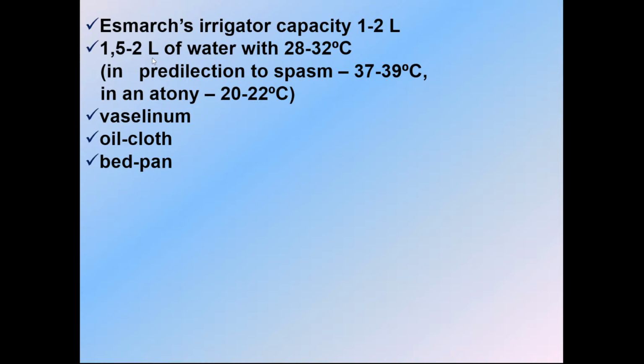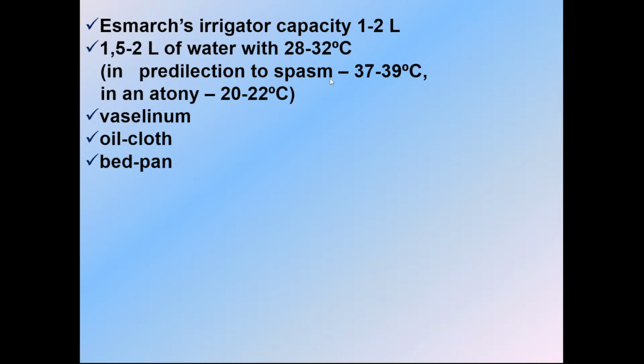I'll draw your attention: the temperature of the water depends on the activity of intestine motility. If our patient has usual intestine activity, no problem with defecation, or we are talking about a pregnant woman or preparing the patient for some examination, we take water with a temperature of 28 to 32 degrees Celsius, as for gastric lavage.